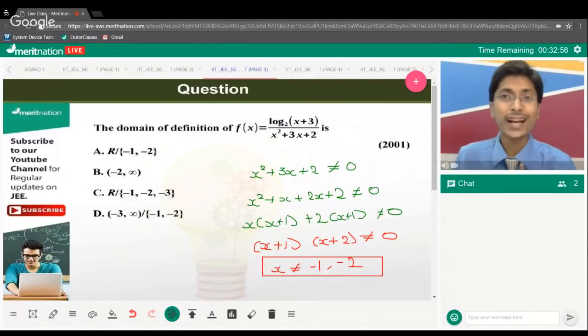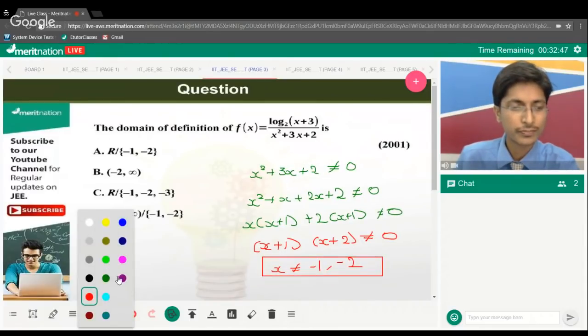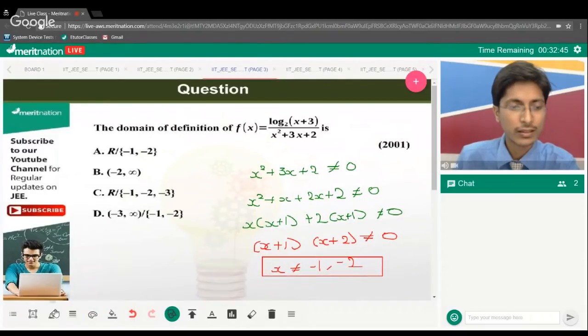Now coming back to our numerator, which is log x plus 3 to the base 2. Now, if you see log of x plus 3 to the base 2, we want x plus 3 to be greater than 0. So x plus 3 should be greater than 0.